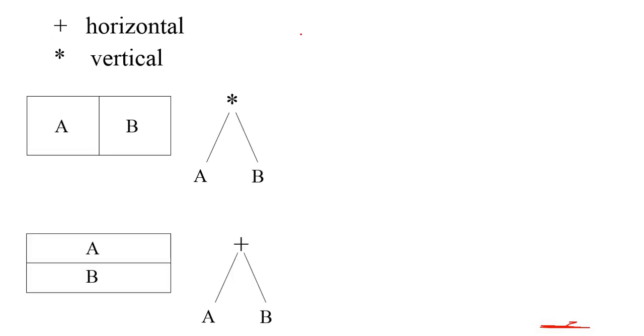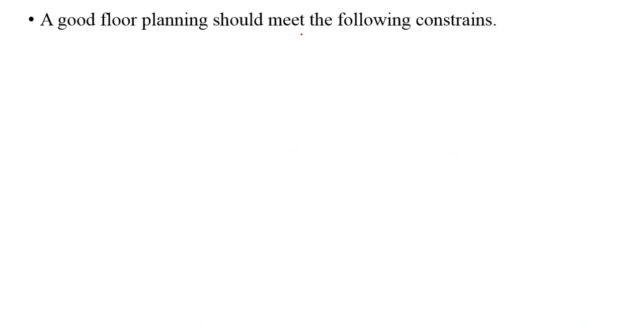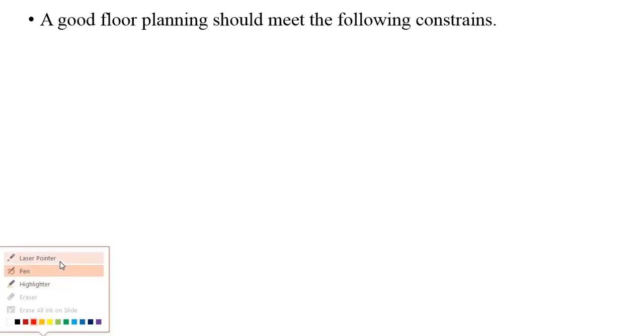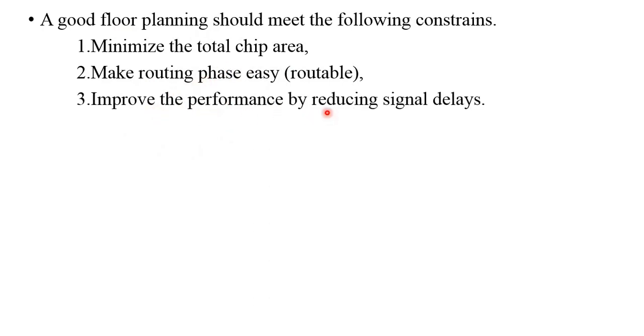And see some important points of the floor plan. A good floor plan should meet the following constraints. Number one, minimize the total chip area, and the second one, make routing phase easy. And improve the performance by reducing the signal delay.